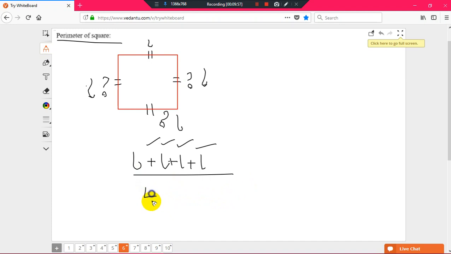So we are going to write 4 into L, that is 4L, or we can write 4 into s, where L or s denotes one side of the square. That is 4s.